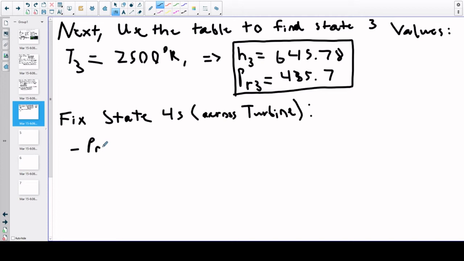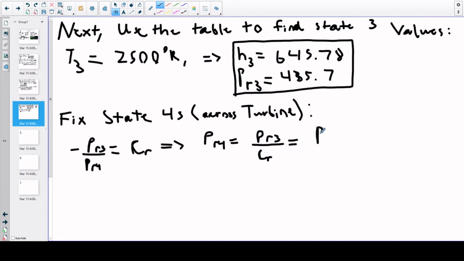This is the pressure ratio, the pressure going across the turbine, which is PR3 over PR4 is equal to CR. I know what most people might say is PR4 over PR3 is 1 over CR.